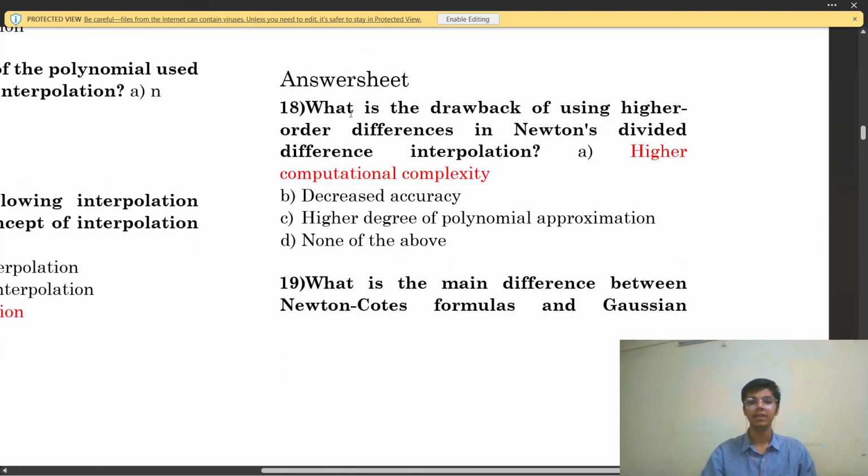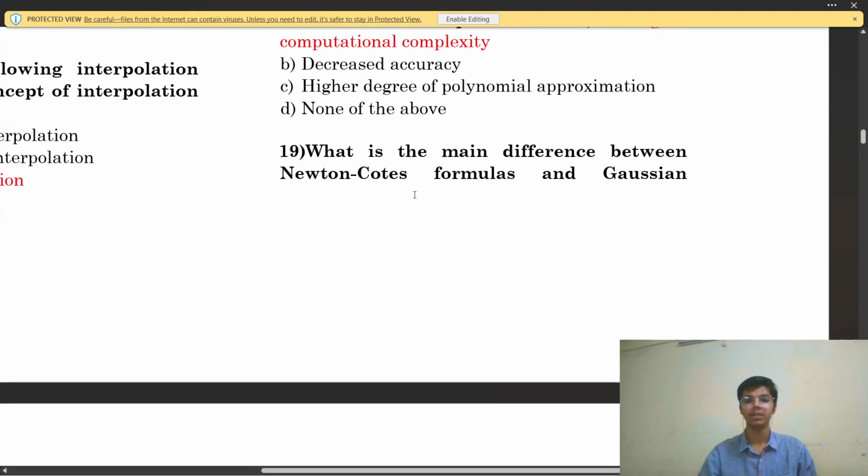Now, in question number 18, it is given that what is the drawback of using higher order difference in Newton's divided difference interpolation? So, options are A, higher computational complexity, B is decreased accuracy, C is higher degree of polynomial approximation, and D is none of the above. So, the correct answer is A, higher computational complexity.